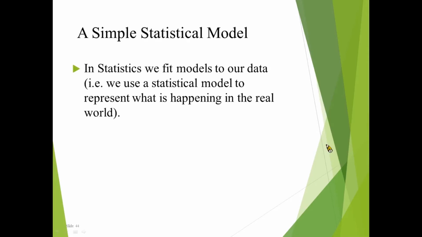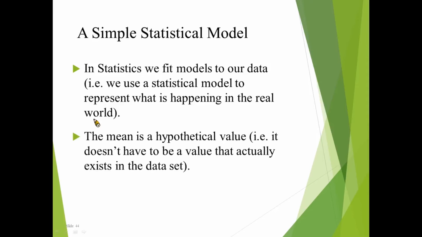Okay, the next one is a simple statistical model. In statistics, we fit models to our data. We use a statistical model to represent what's happening in the real world. So in research, we have a research methodology, and we come up with some theory, and you can call this a research model. The mean is a hypothetical value.